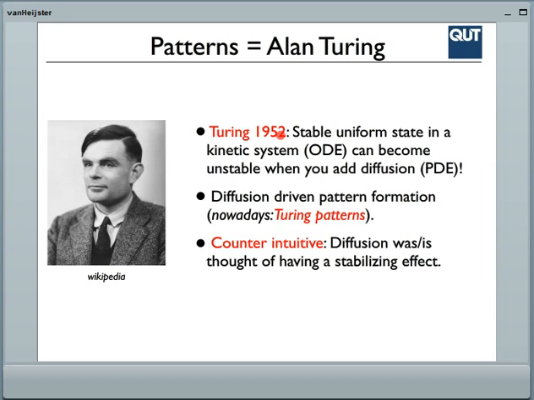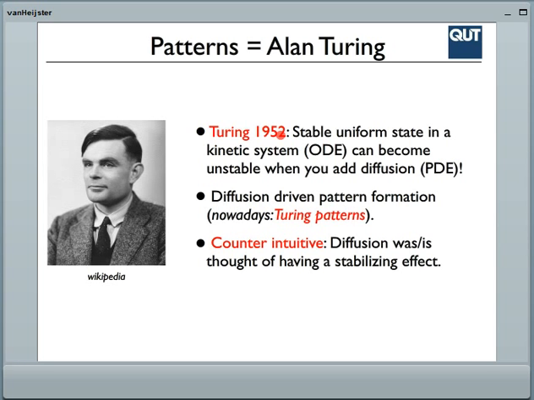If you, for example, think of the heat equation, if you give it a delta initial condition, it will make everything equal, right? So people always thought that diffusion stabilizes things. But it turned out that diffusion can also make something stable unstable. And nowadays we call these Turing patterns.